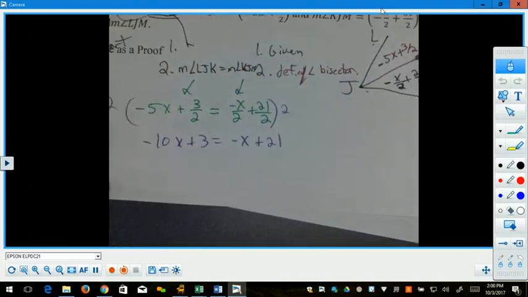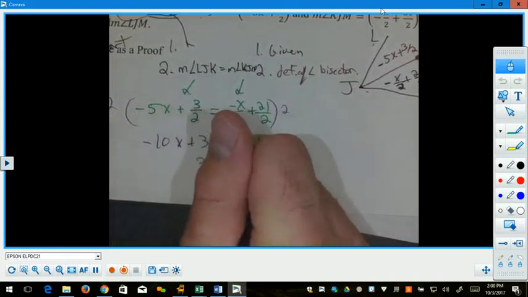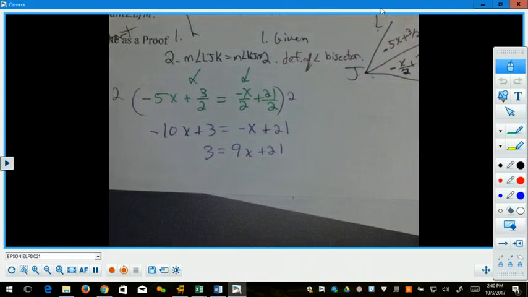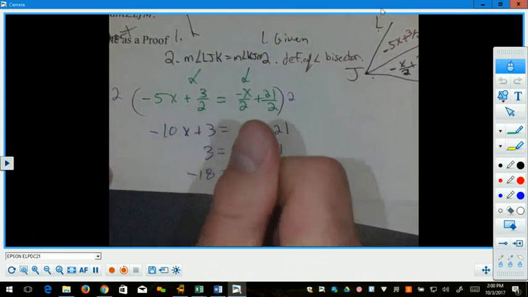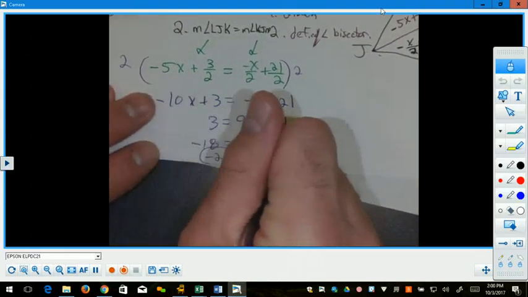I'm going to get our variable to one side, so now I have 3 equals 9x plus 21. I'm going to subtract 21 to get negative 18. And divide by 9 to get x equals negative 2.